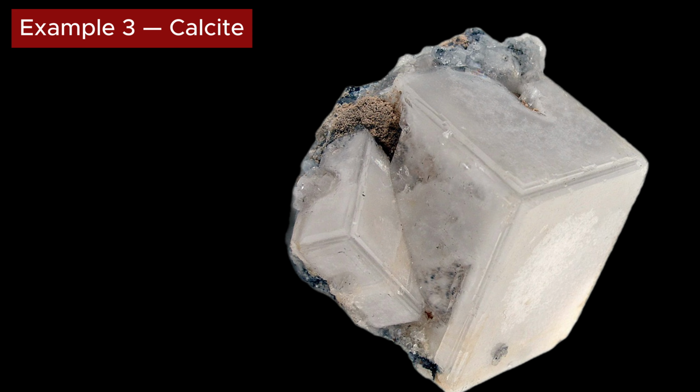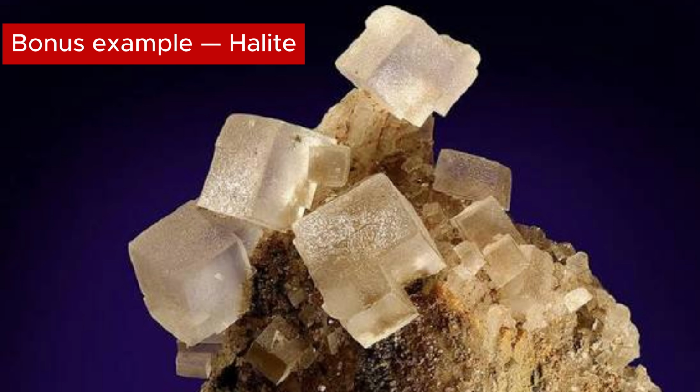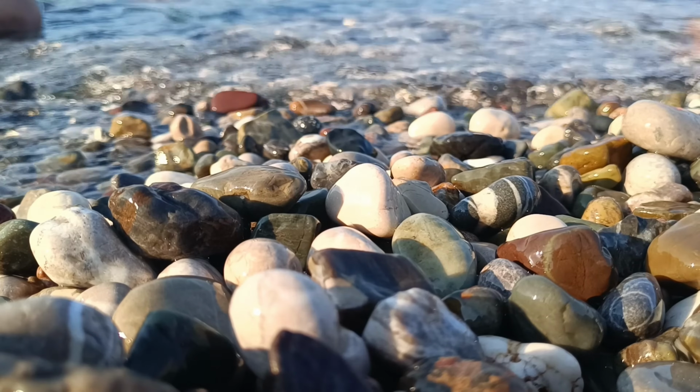Bonus example: halite. Halite, or rock salt, has three directions of cleavage at right angles, producing cubic fragments. So cleavage is not simply about whether a mineral breaks. It is about where and how the mineral prefers to break.